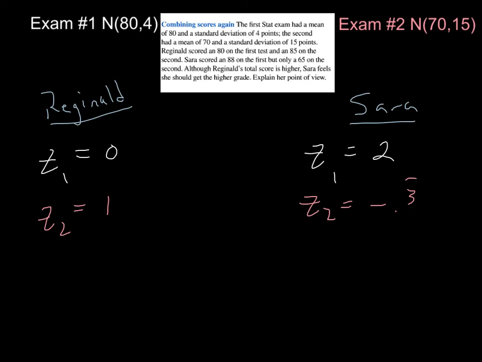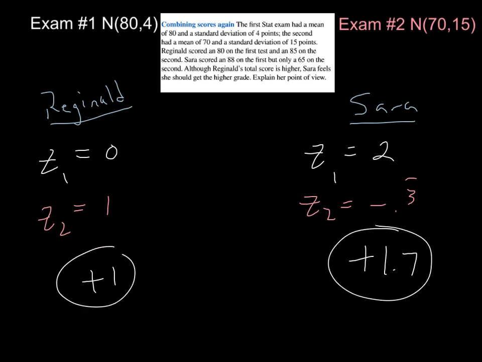So when you look at their overall performance on both tests, Reginald is 0.1 standard deviations ahead of the game. But the way I see it, Sarah overall is plus 1.7. So I would say that Sarah has a pretty good argument for why she should get a better grade. Who knows?